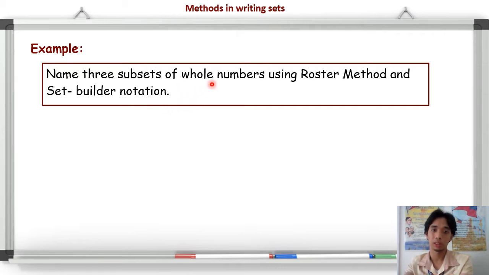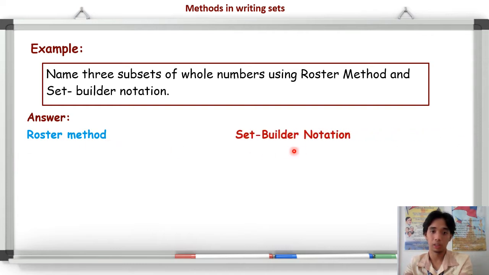There are countless subsets of whole numbers, but since this example only asks for three, let's give those subsets that are easy to list. We have to list them down in roster method and set builder notation.